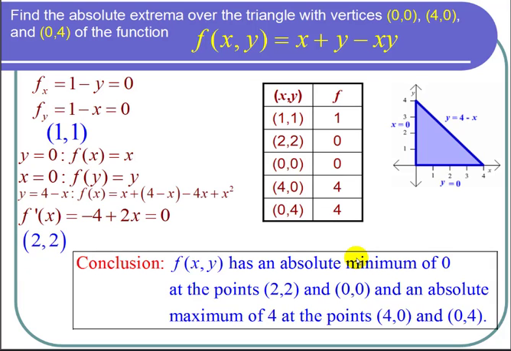So I can conclude that f(x, y) has an absolute minimum of 0 at the points (2, 2) and (0, 0), and an absolute maximum of 4 at the points (4, 0) and (0, 4). And I'm done with the problem.